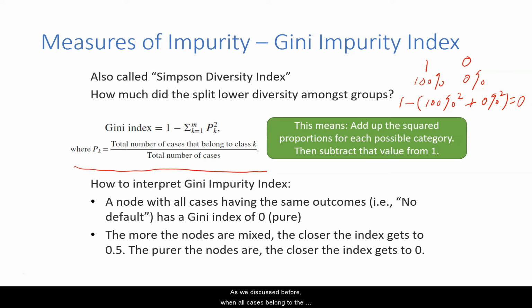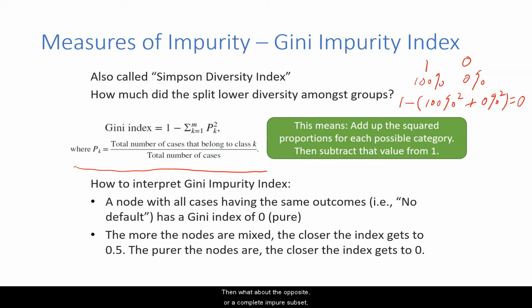As we discussed before, when all cases belong to the same class, as in this example, this subset is a completely pure subset, and you can't get any purer. This shows that for a completely pure subset, the Gini index value would be 0.